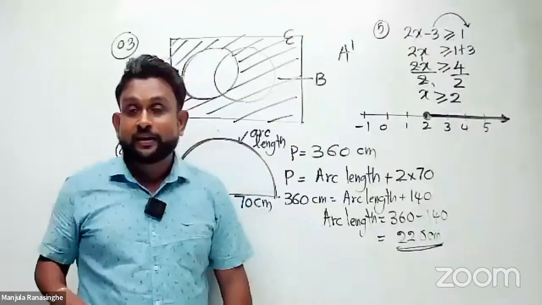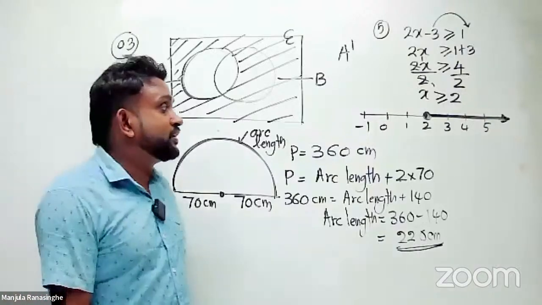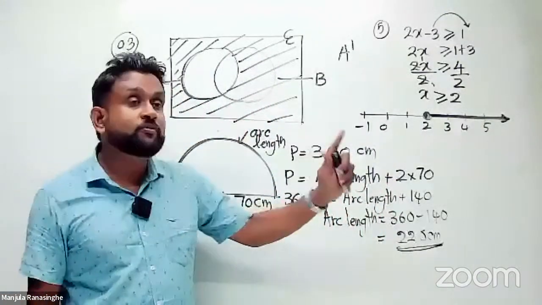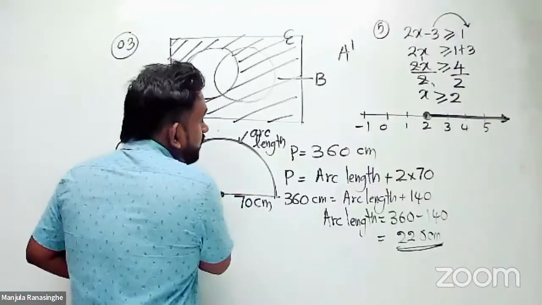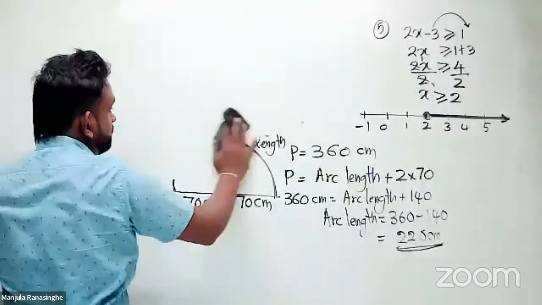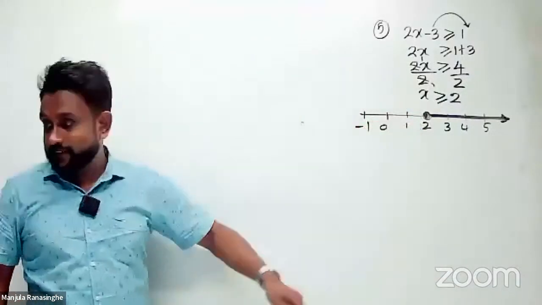They are asking to indicate the solution. Sometimes in this type of questions, they will ask the minimum value that x can take. So can you send me the minimum value of x satisfying this inequality?